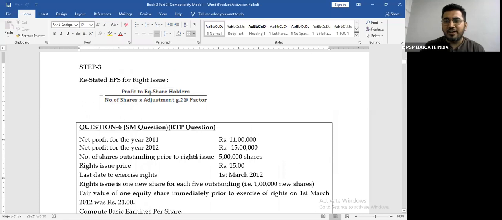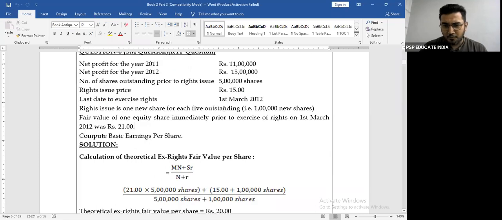So since we have already done this question earlier, quickly on the chat box, can you compute for me the first step, that is ex-rights value per share? Can you all calculate the theoretical ex-rights value per share? How much do you get?